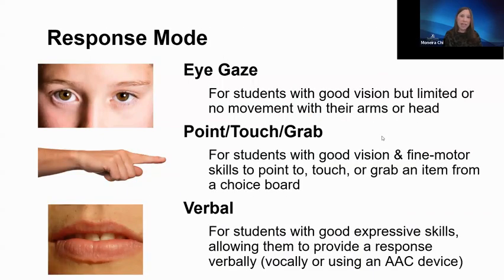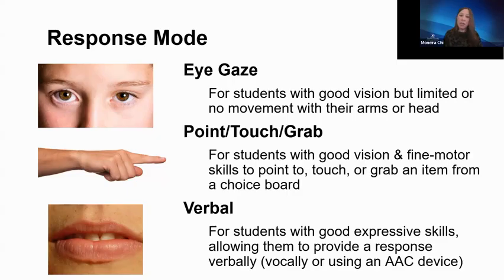So an important first step before beginning instruction is to identify the child's most reliable response mode. There are a variety of response modes, and just like we as typically developing adults have multiple response modes, so might our children. So we'll just use this as a little bit of a guide.